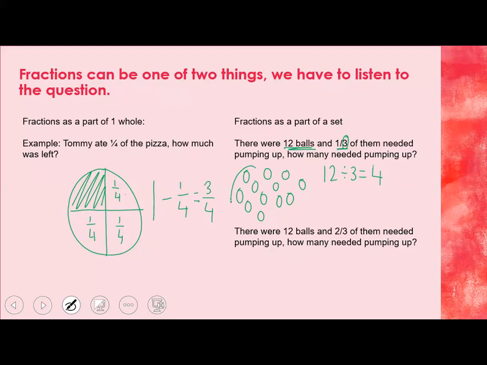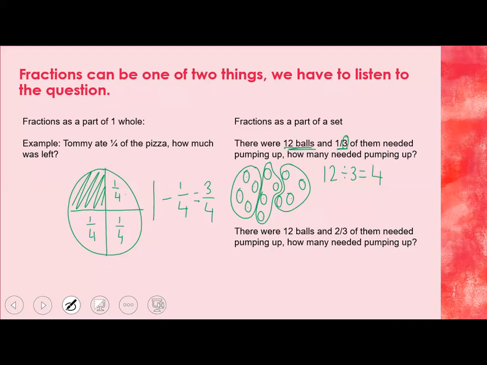So if I take one set there, one set there, and one set there. Now, they don't look all exactly the same. They're not arranged in the same way, but each of them is an equal group because it contains 4 balls. So I have 12 in total. They've been split into 3 equal sets. One of those sets is equal to 4 footballs.